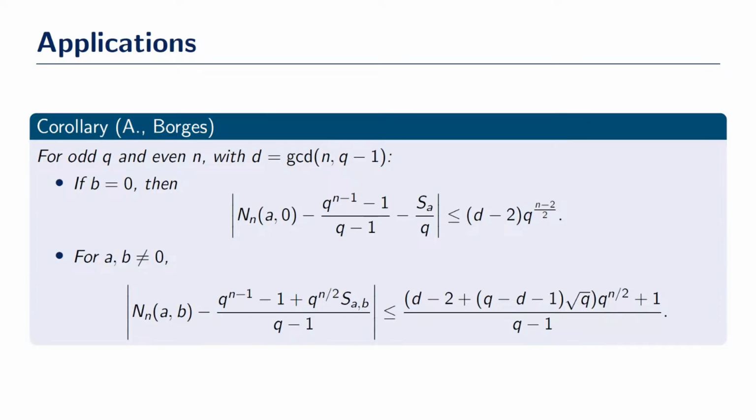We can write these bounds for N_n(a,b) since, as I told you in the beginning of the talk, we have a connection between this number here and the number of rational points on X. Okay, and both of the bounds improve the previous bounds in this situation when q is odd and n is even. So roughly speaking, we do have an improvement for half of the cases, right?